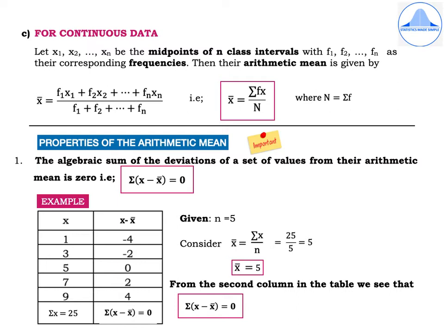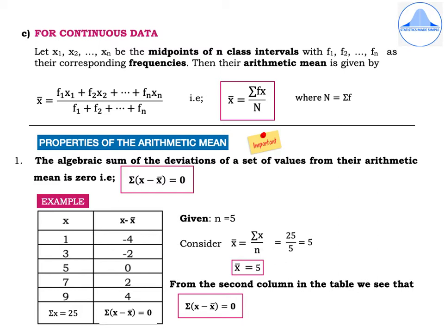Then their arithmetic mean is given by x bar equal to f1 x1 plus f2 x2 plus so on plus fn xn divided by f1 plus f2 plus so on plus fn, which can be written as x bar equal to summation fx by capital N, where capital N is equal to summation f.